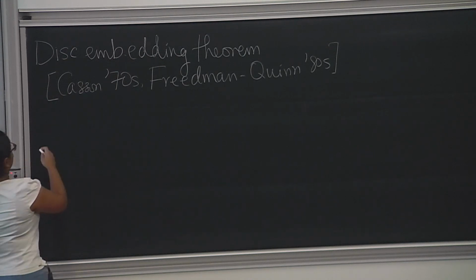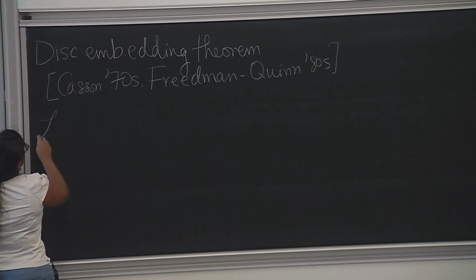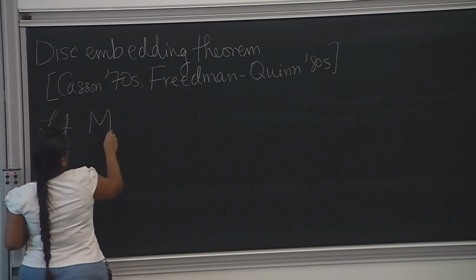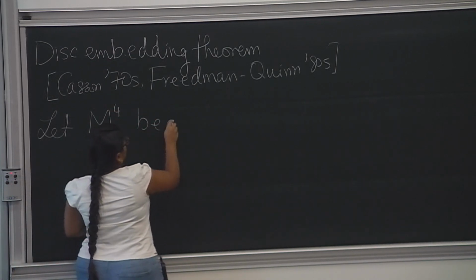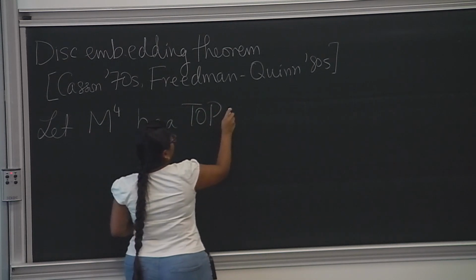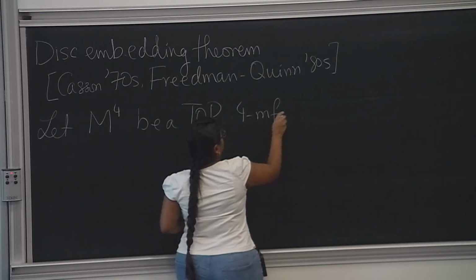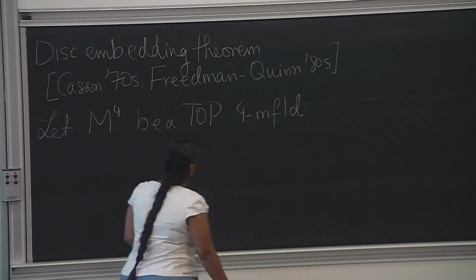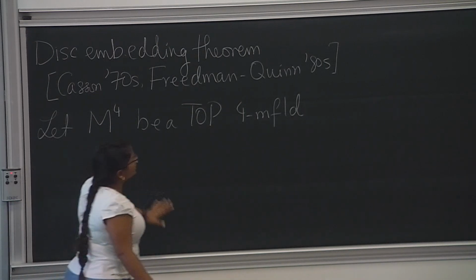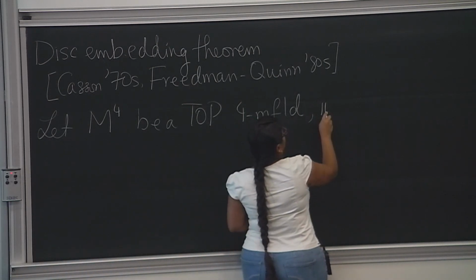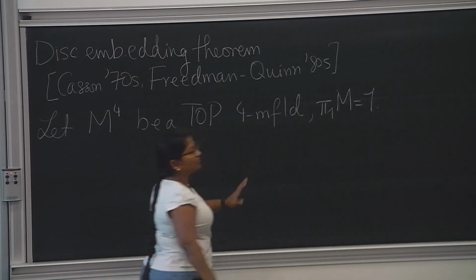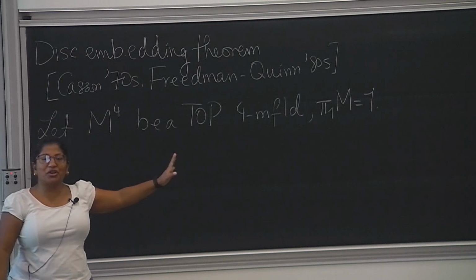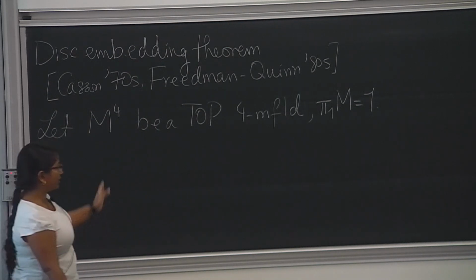That's what this theorem will do. And it's going to be in some purely topological four manifold. For the moment, let's assume that the fundamental group is trivial. We'll talk more about that fundamental group condition in a bit.